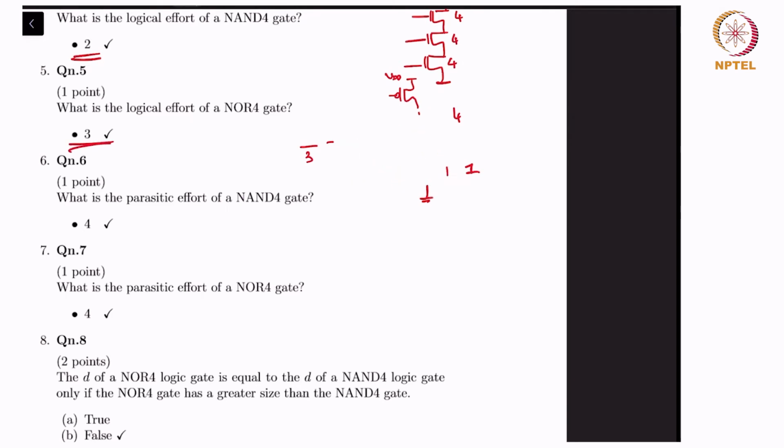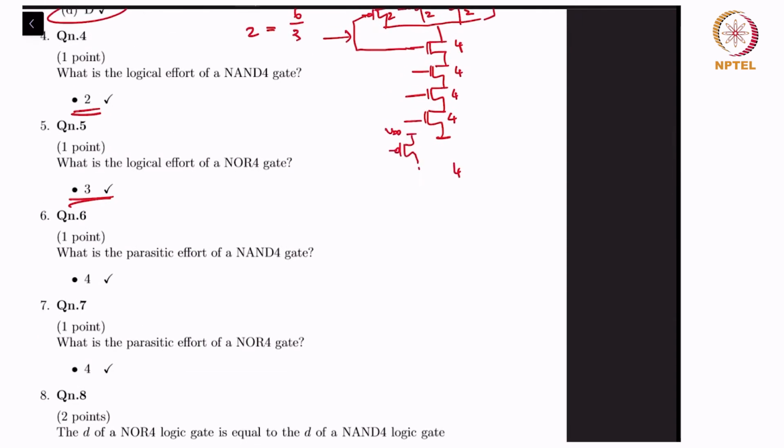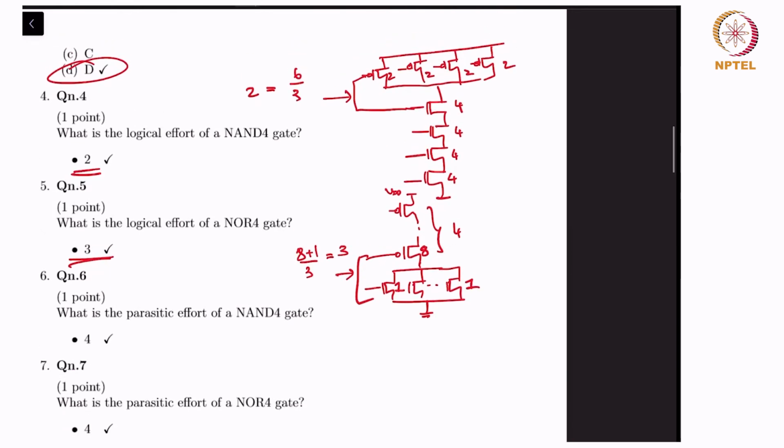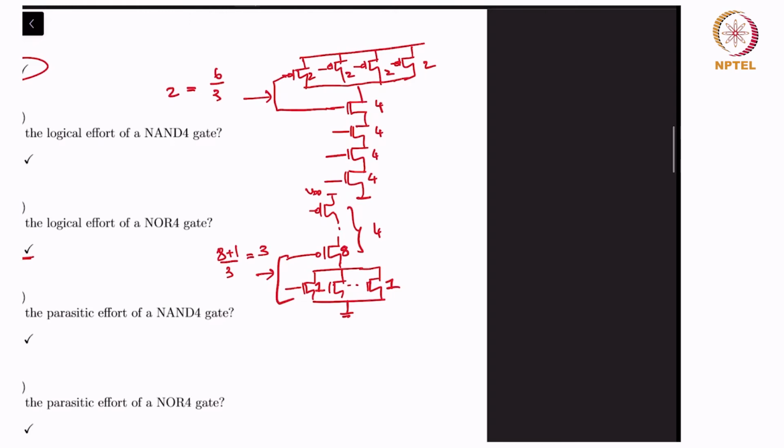And then the parasitic effort for a NAND 4 gate, referring to this diagram, find the total output cap. So it's 2 plus 2 plus 2 plus 2, so that's 4 into 2 plus 4 by the reference parasitic output cap, which is the 2-1 inverter, which has the output cap of 3.